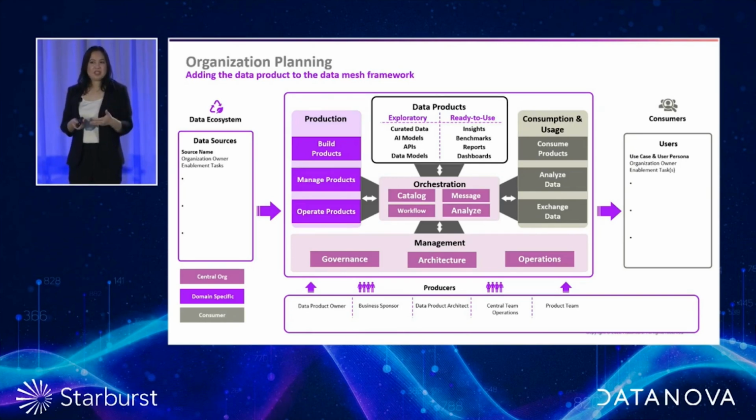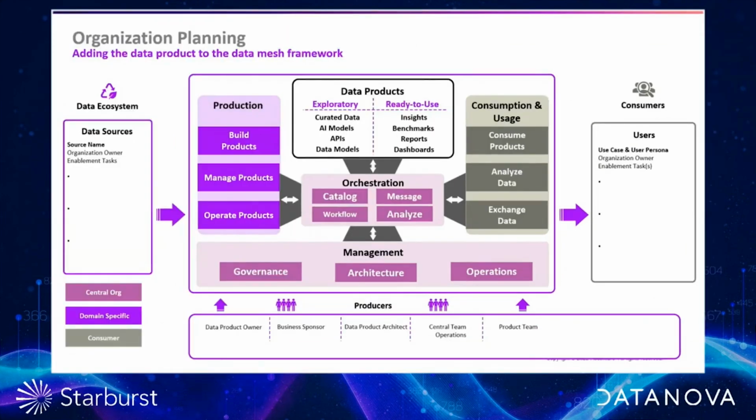There's the team itself, the role of the central team, maybe the operations team if it's a different team, the data product architect, the business sponsor, the data product owner. It's looking at the data sources in the different organizations that you need to feed your data product, making sure that they have the support and we know what they need to feed that stream. It's the creation of the product itself, right?